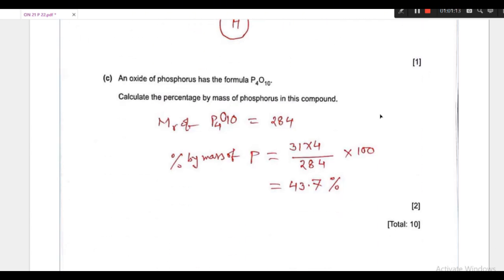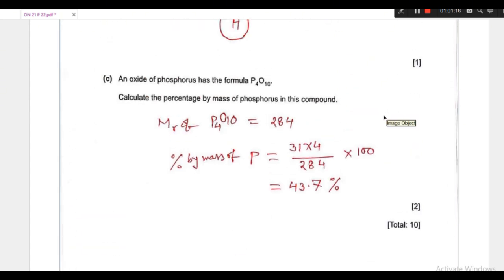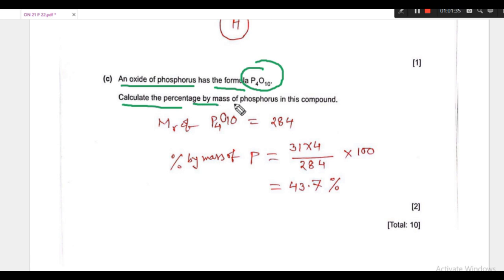Now, an oxide of phosphorus has the formula P4O10. Calculate the percentage by mass of phosphorus in this compound. The relative molecular mass Mr of phosphorus pentoxide is 284.